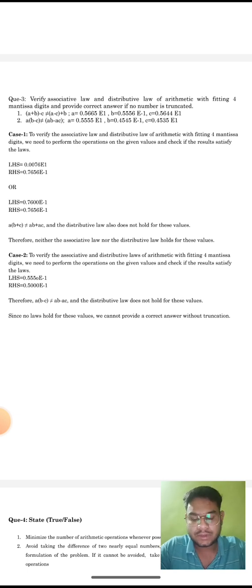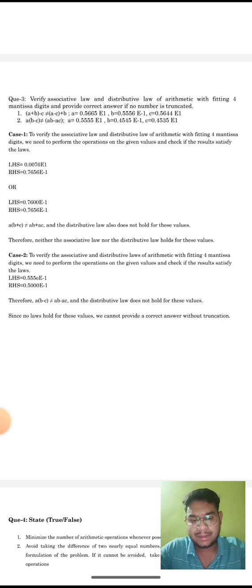Case 1. To verify the associative law and distributive law of arithmetic with floating point for mantissa digits, we need to perform the operation on the given values and check if the results satisfy the laws. LHS is equal to 0.0076 e1, RHS is equal to 0.7656 e1, or LHS equals 0.7600 e1, RHS equals 0.7656 e1.